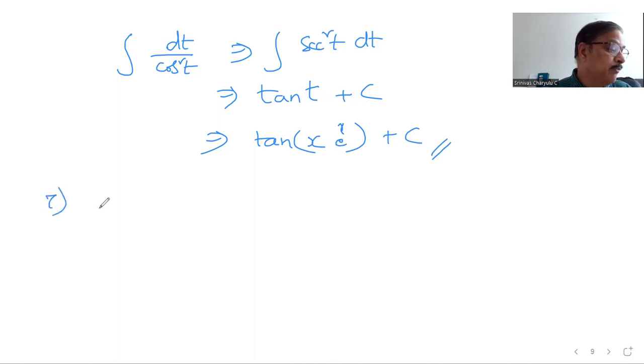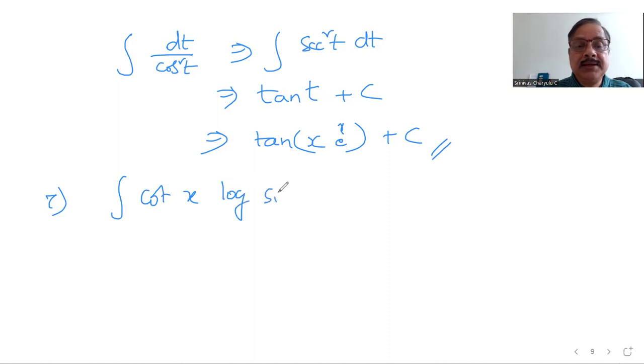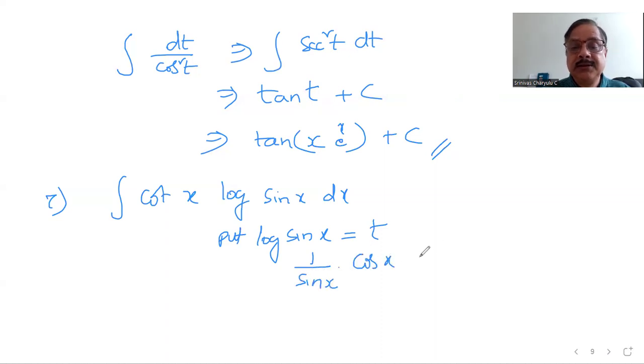So last one, integral cot x log sin x dx. This we are supposed to know, differentiate. What we do, put log sin x as t. Differentiation of log sin x is 1 by sin x, sin x differentiation cos x.